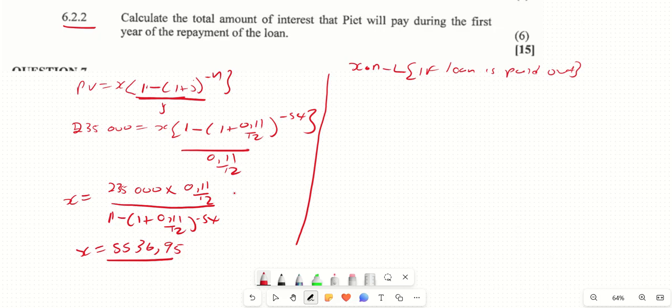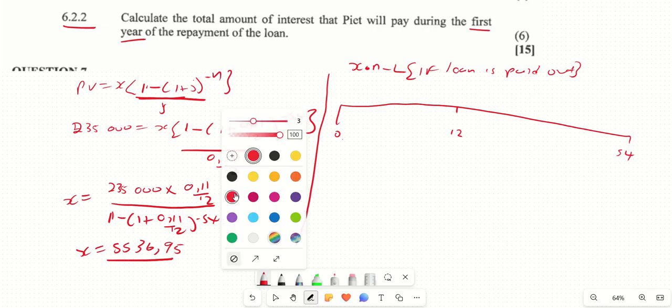In this case, because we are looking at the period within the payments, I want to give it in a timeline to show we are looking at the first year. Remember, it's compounded monthly, so the first year is 12 months, out of a total of 54. So we want to deal with the interest in this interval.